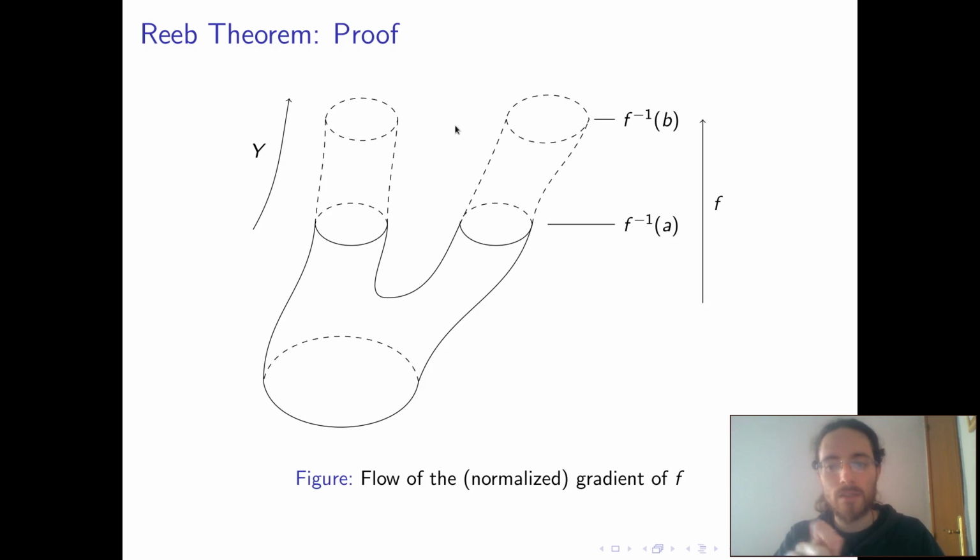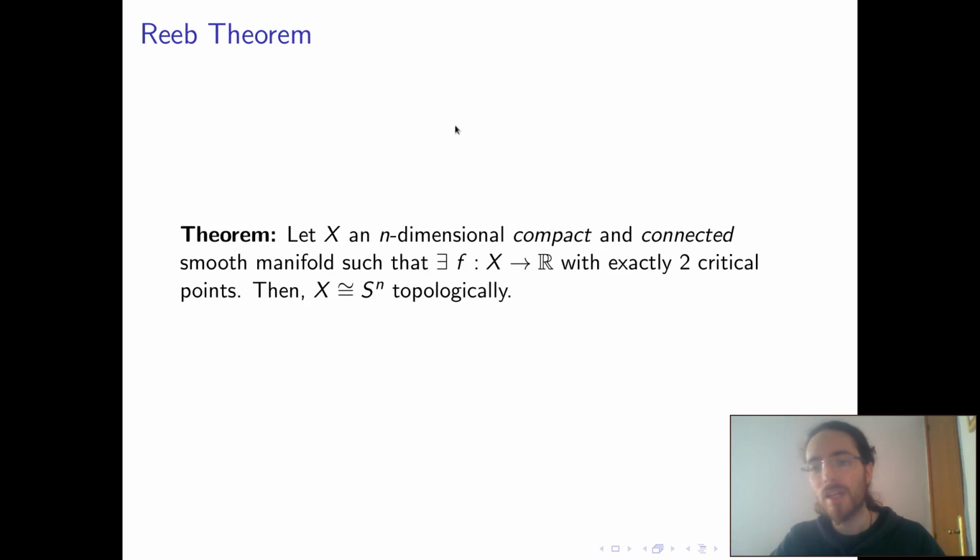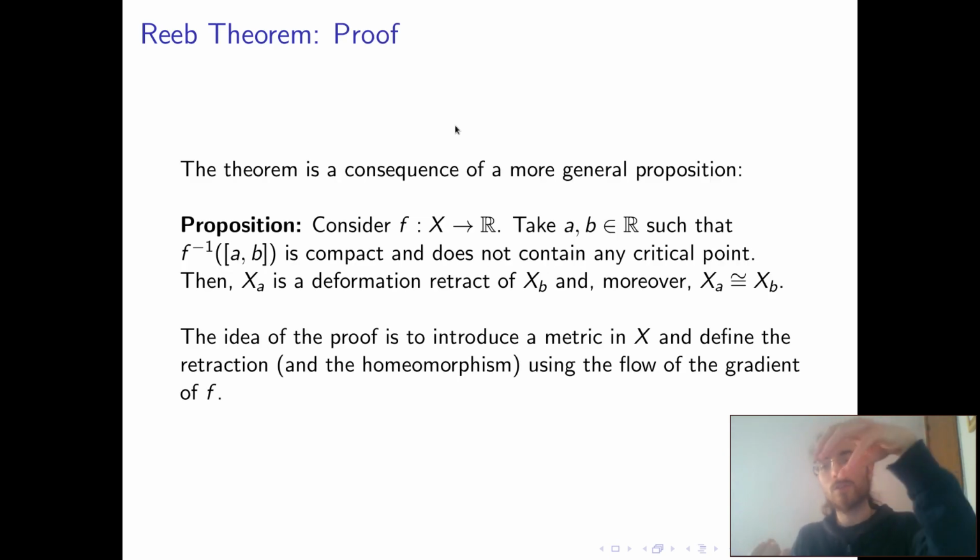So the idea to prove the original theorem that we were interested in, which is Reeb's theorem, is to use this assertion, and this is also explained in the notes. By the Morse lemma, well, you don't need to use the Morse lemma actually, but you can find small disks around both critical points, and then you can argue, using this proposition, that one of the disks can be expanded until it touches the other one.